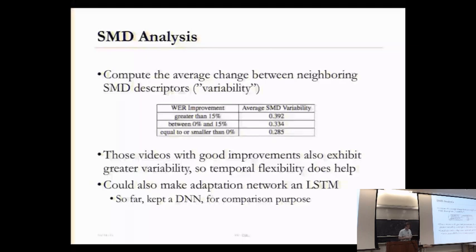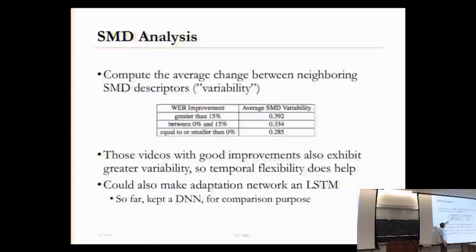Okay. So we said, well, we have this thing that describes the acoustics. We feed it in, and it helps. And so we did some analysis to say, does this actually correlate to the speaker microphone distance? Can we see that on those recordings where we measure that this feature has great variability, we're also improving the word error rate? And indeed, that seems to be the case.